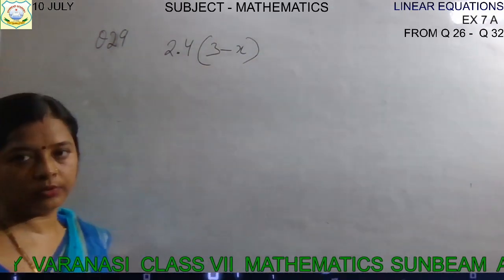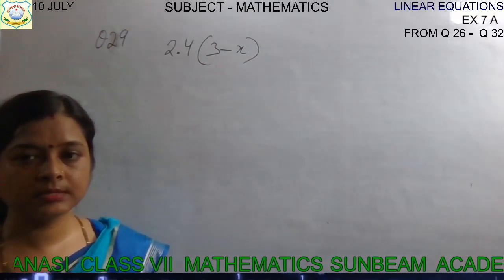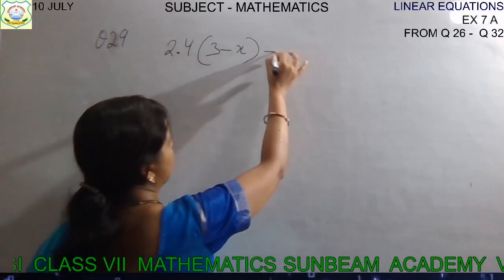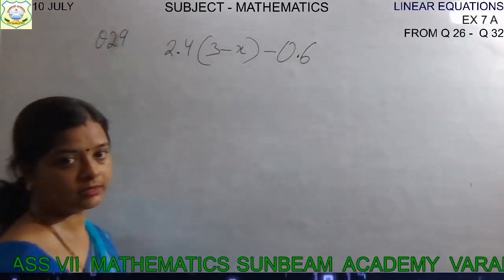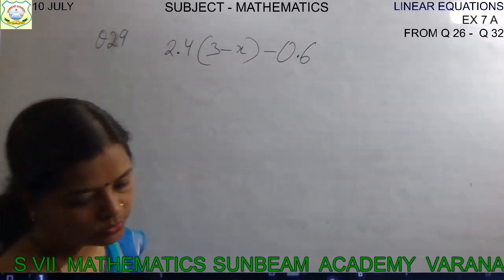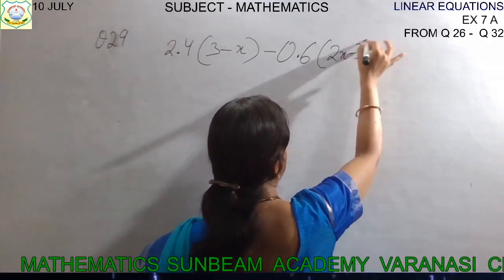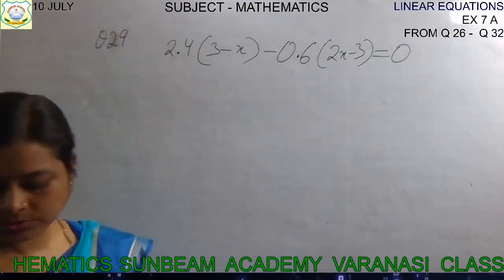Okay, 2.4 into 3 minus x. Now after this, minus 0.6, then again a bracket starts. Okay, 2x minus 3 is equal to 0. This is the question.